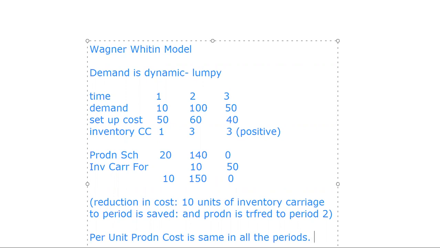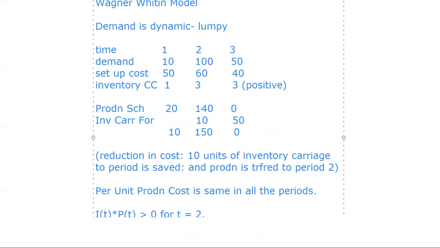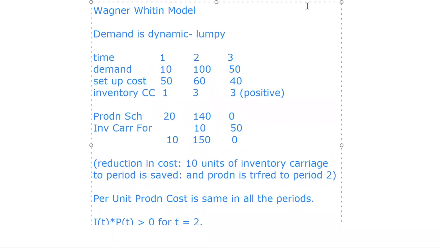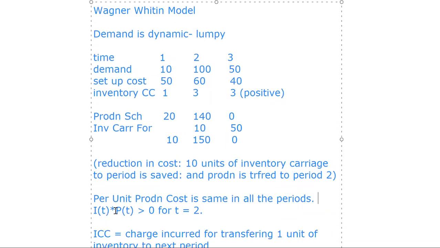So with this assumption, Professor Wagner and Whitin argued that such a schedule will never be optimal.